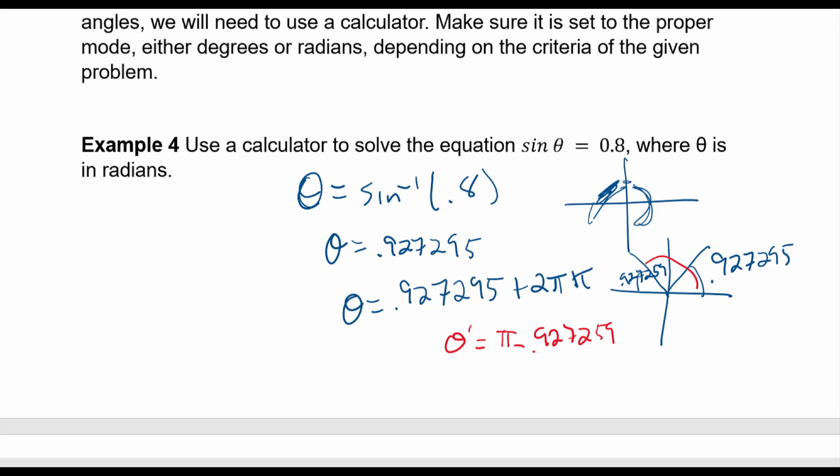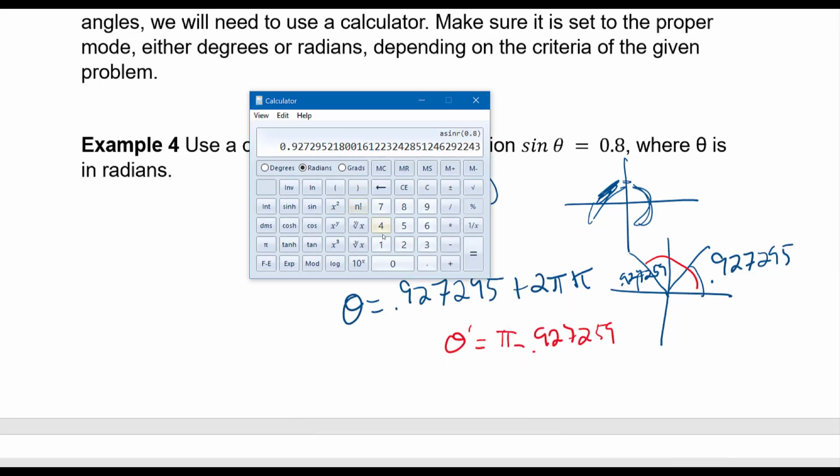So let me see. I don't know if I could do this or not. Let me do this: I'm going to make this negative. There's my plus or minus button. There we go. And then I'm going to add it to pi. There we go. So 2.214297.